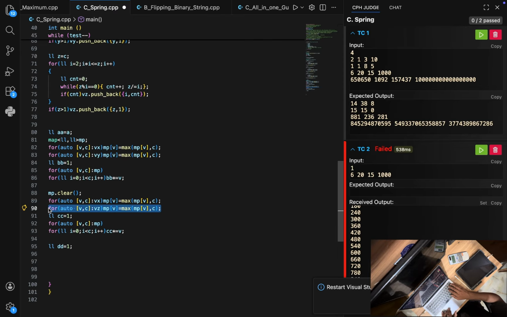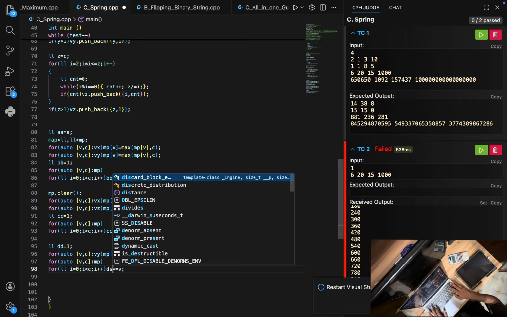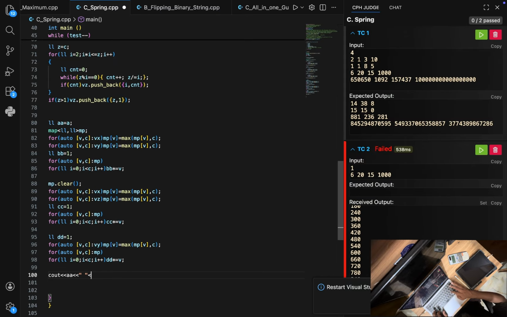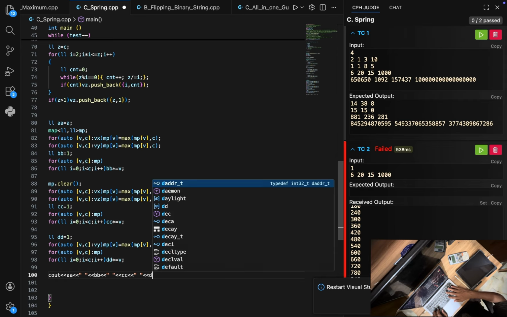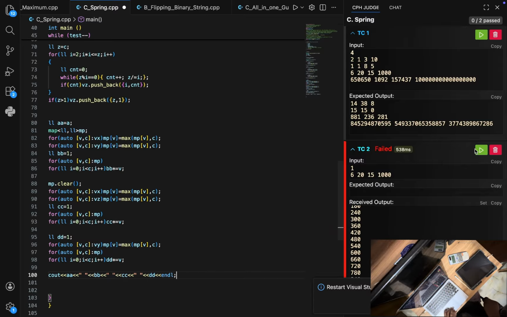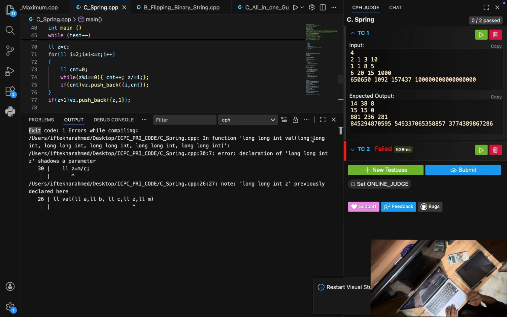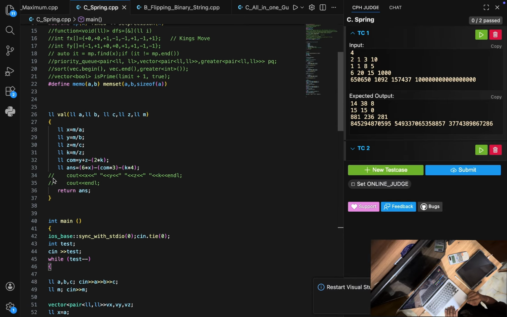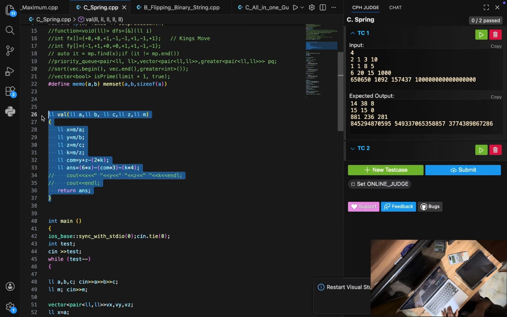Then for auto x, y and this stuff. Cout a, bb, cc, dd. It's showing error.